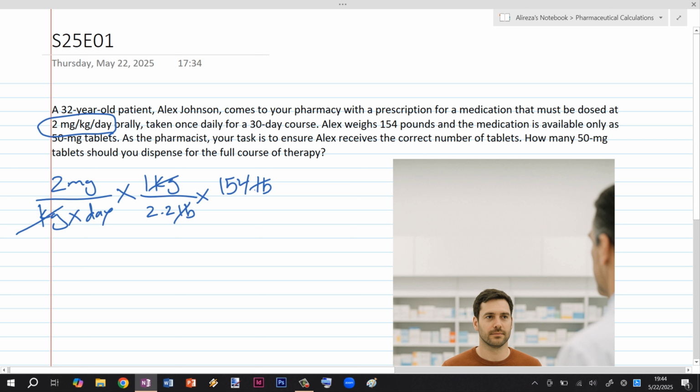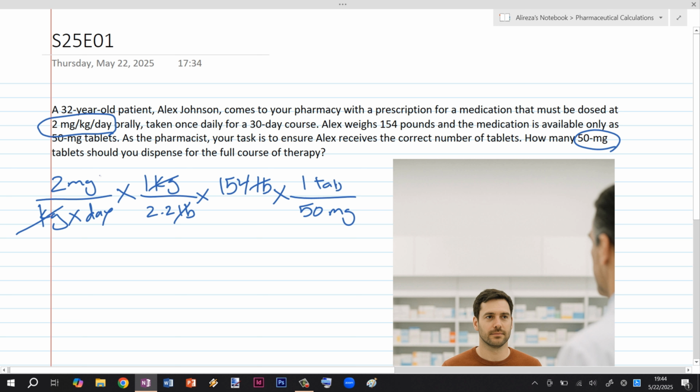And then the next thing we have is essentially every tablet is 50 milligram. So we need to get rid of this milligram in the numerator. So you will put the 50 milligram in the denominator to cancel that, and we can say this is one tablet in the numerator.